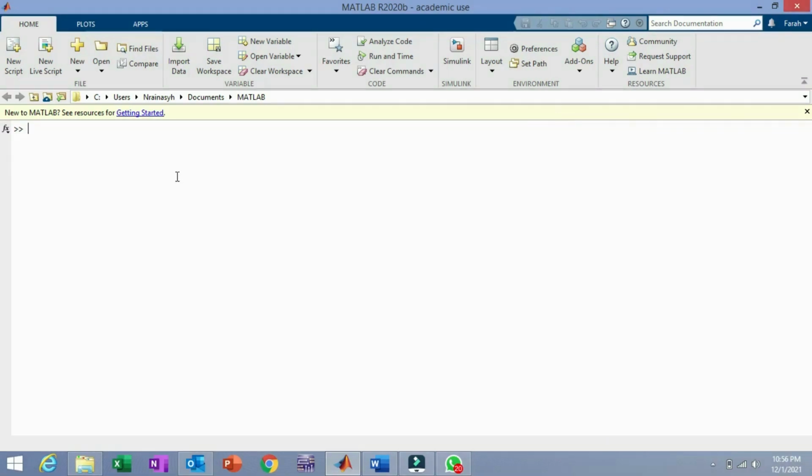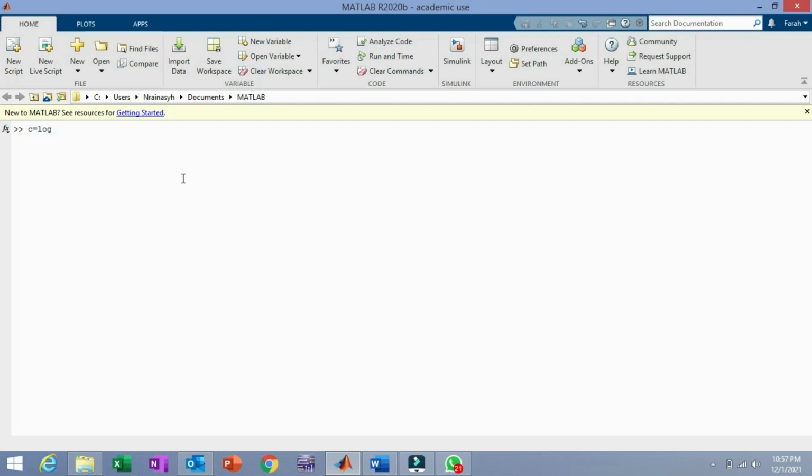For the next question, C equals ln e plus ln e to the power of 3. In Matlab, we change ln to log, because ln is the same as log in Matlab.